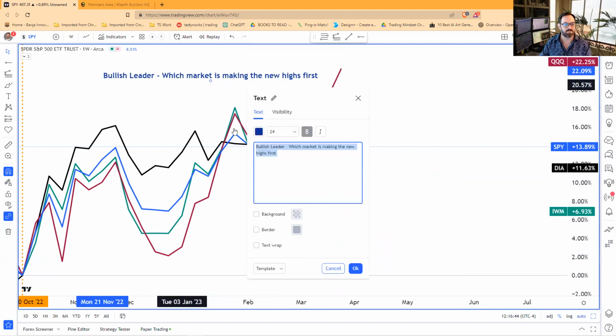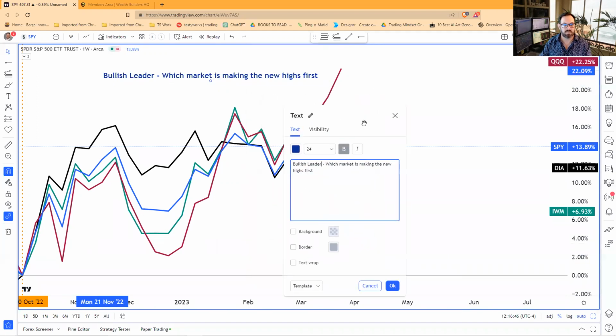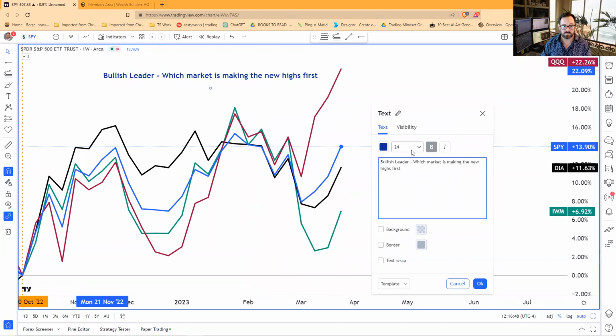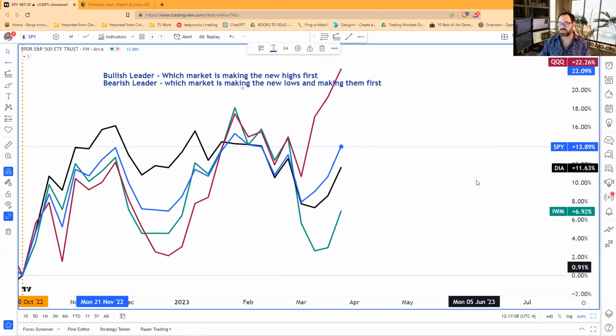And of course, for the bearish leader, which market is making the new lows and making them first.